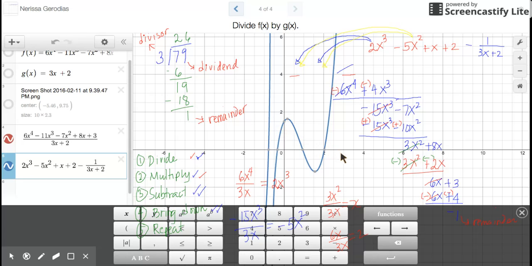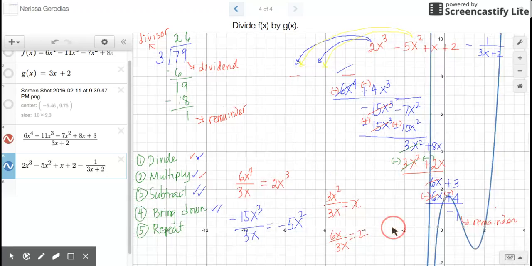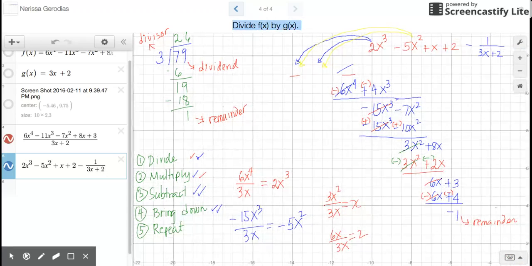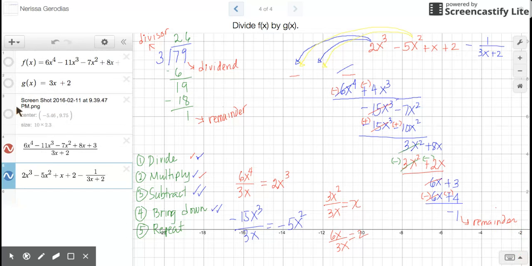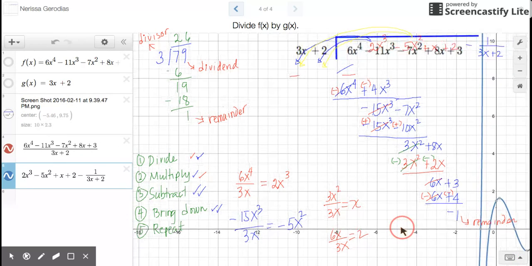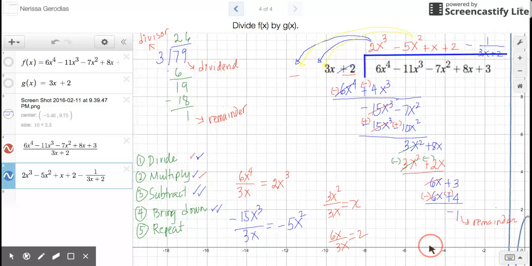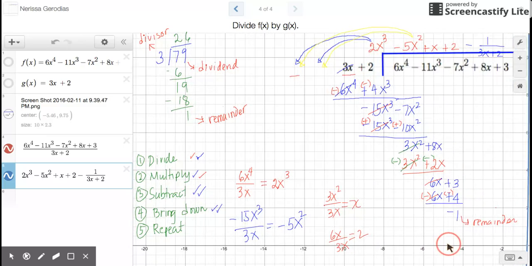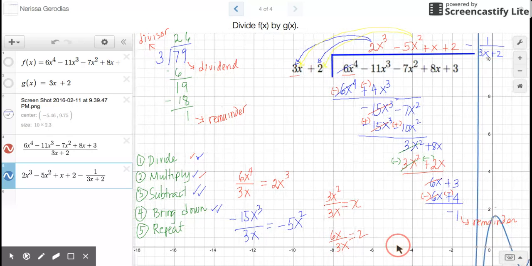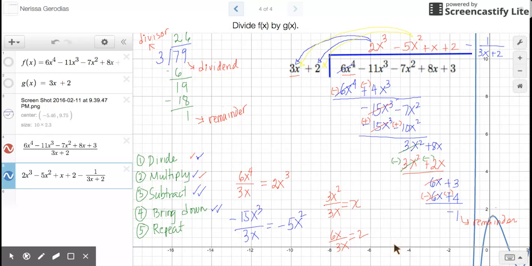Notice that they are the same graph. So that means we got the right answer. Okay, let's put that back. There it is.